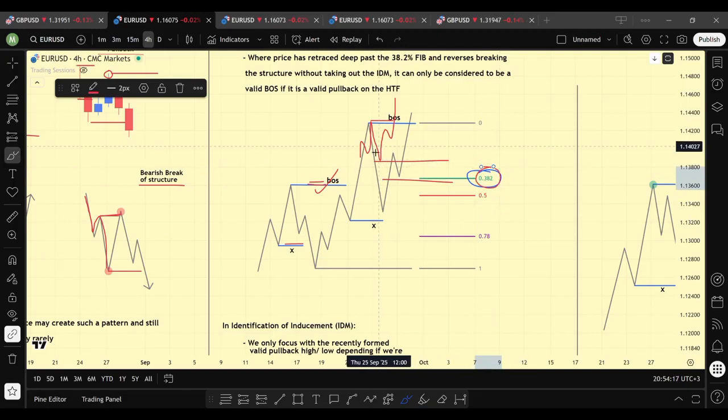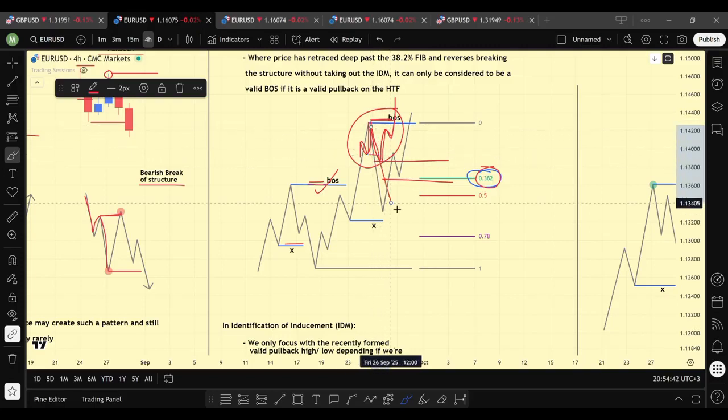So if this is the case, is this now a valid break of structure? In this case, we will not use this as a valid break of structure if this here is not a valid pullback on the higher time frame. The reason I doubt it is that the retracement is not deep.